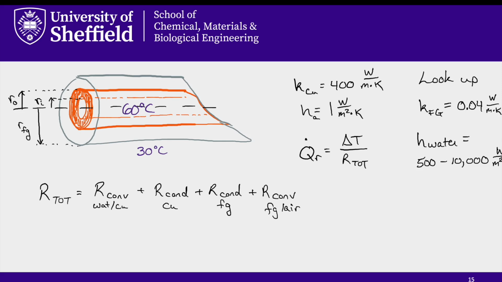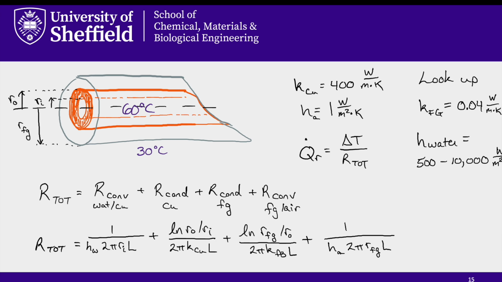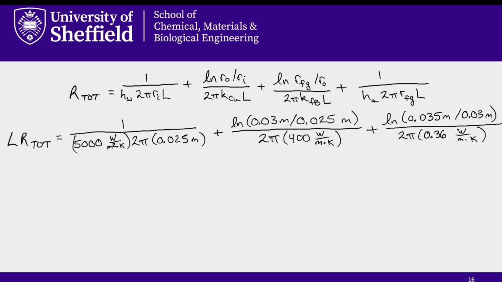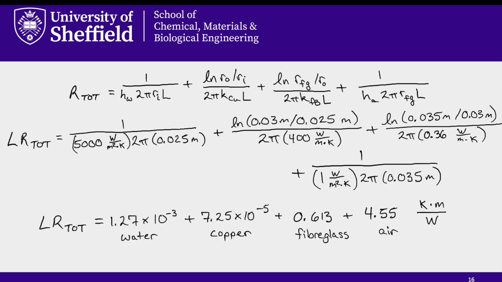And when we write these carefully using the form for cylinders, we've got our two convection terms and our two conduction terms, and then we can substitute in the values that we have for these variables and calculate the actual thermal resistance for each layer in this system.